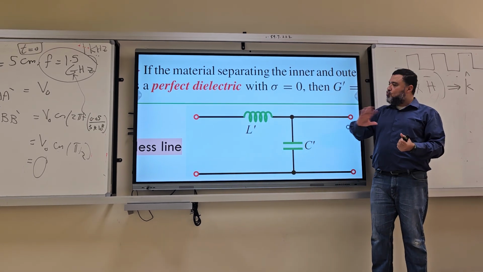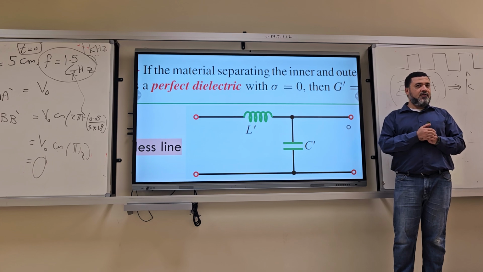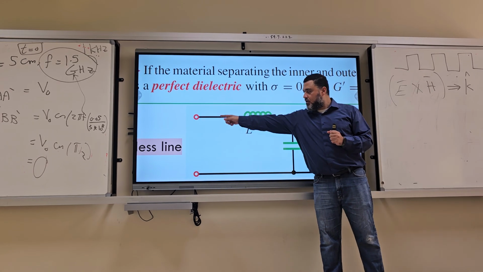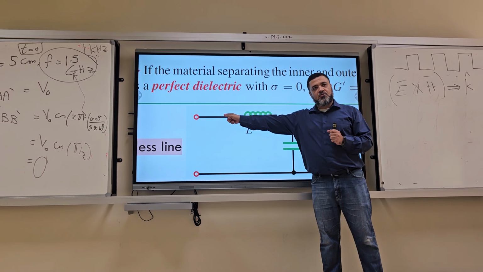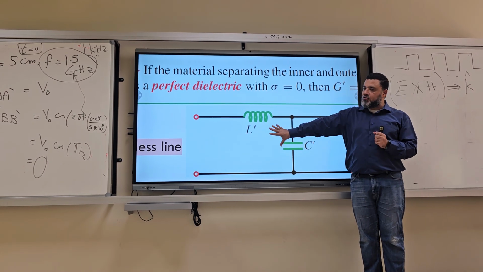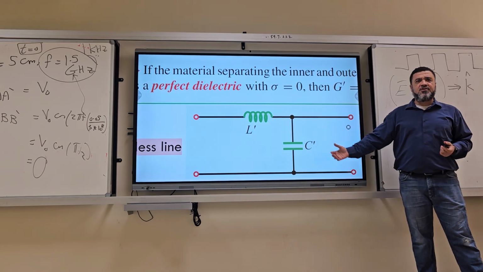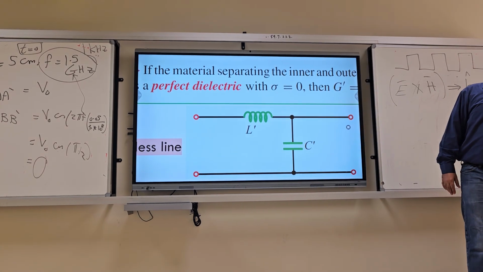This line has no loss. We cannot get rid of L and C; they are always here. But you can get rid of R if you have a good conductor, and you can get rid of G if you have a good dielectric. This is the simple case, the lossless transmission line. Thank you.